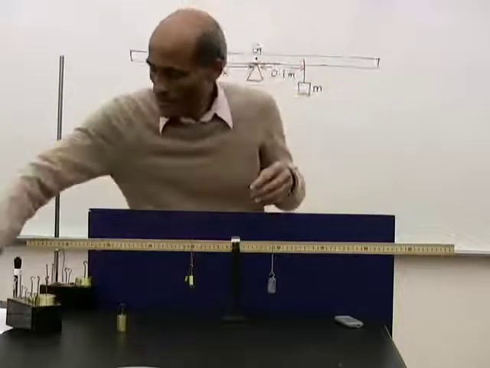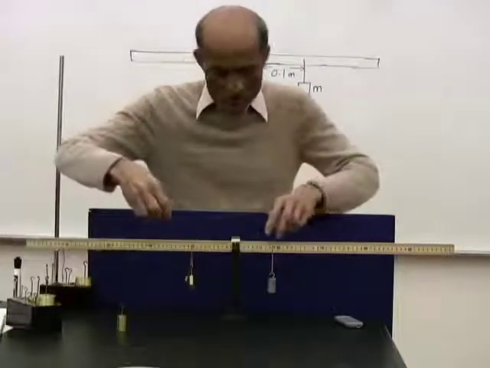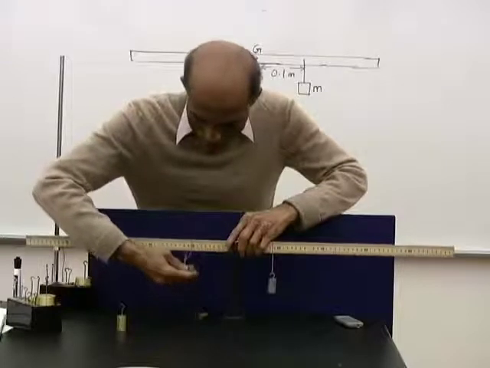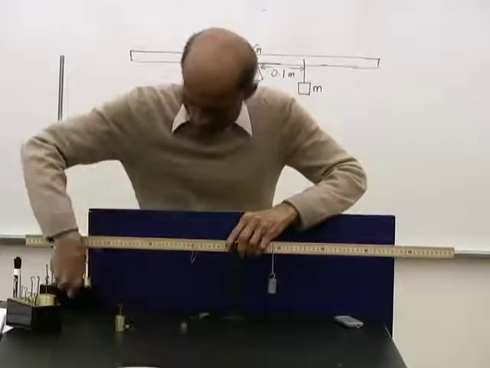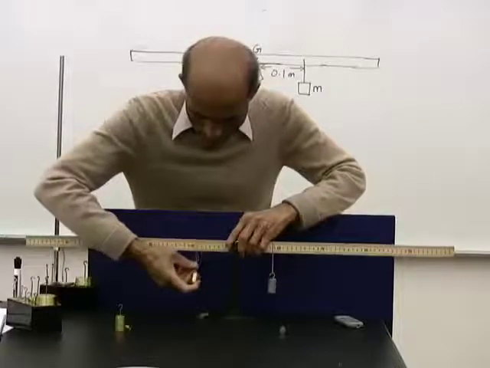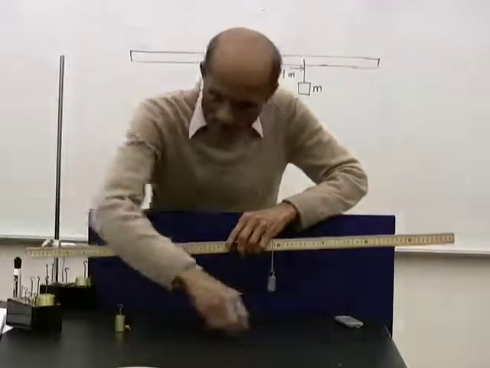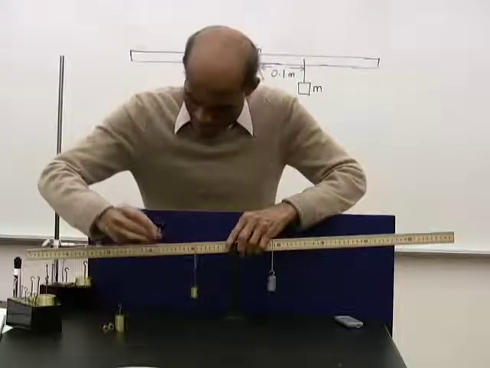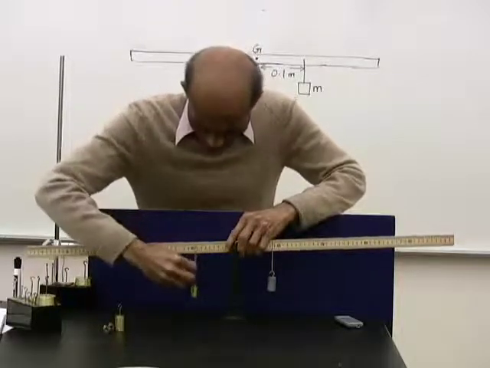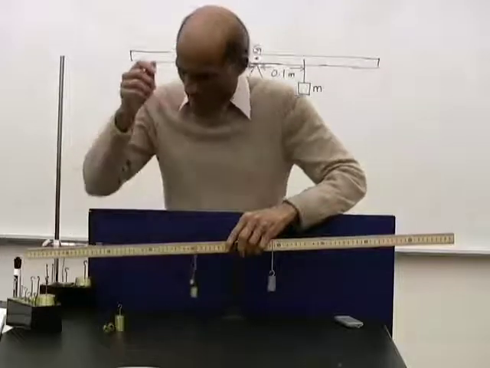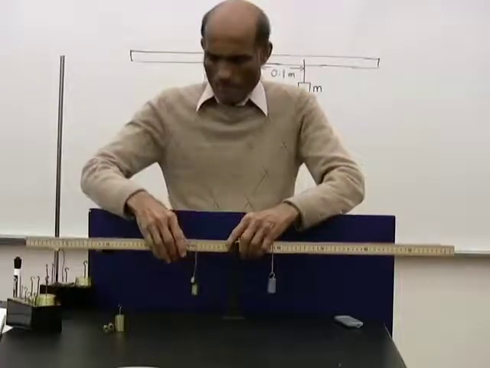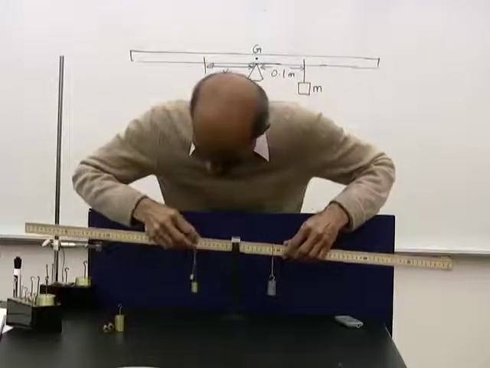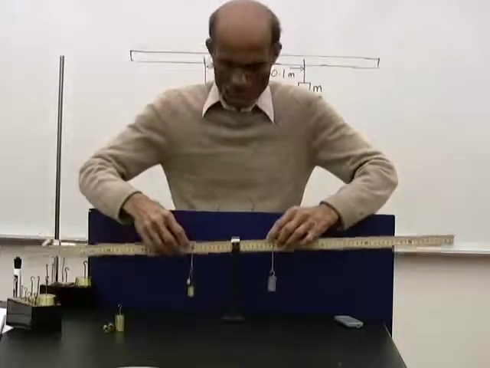Alright, let's now make the mass m equal to 60 gram. What I'm going to do is remove all these 20s, put in a 50 and a 10, and that makes it 60. So this is a 10. So 50 plus 10, I have a 60 now. And let's now obtain the new x.